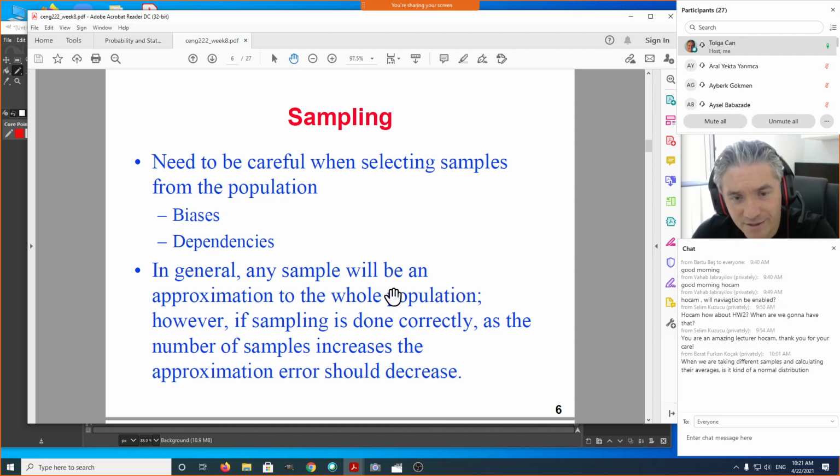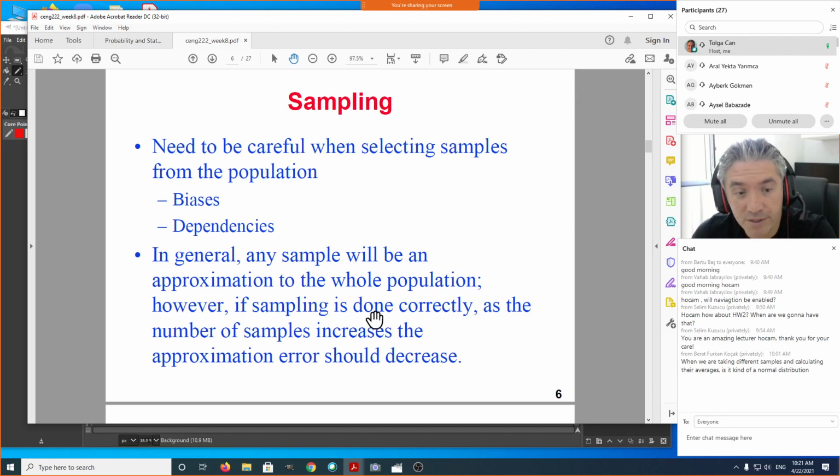So in general, any sample is an approximation to the whole population, but if you do it correctly, the larger the sample size, the number of samples, the better. As you see, I use the term incorrectly.